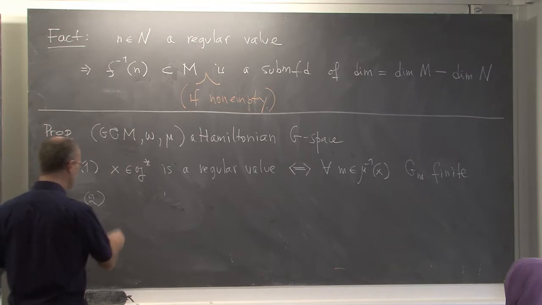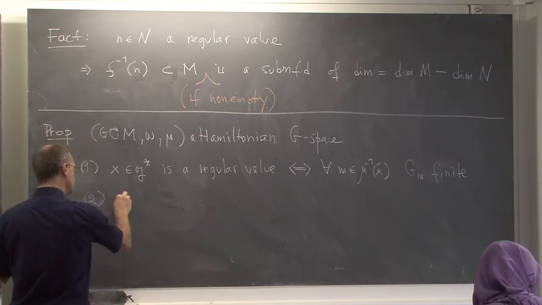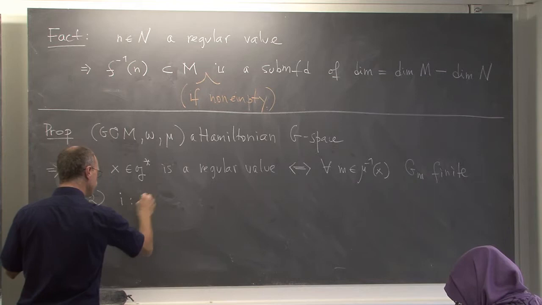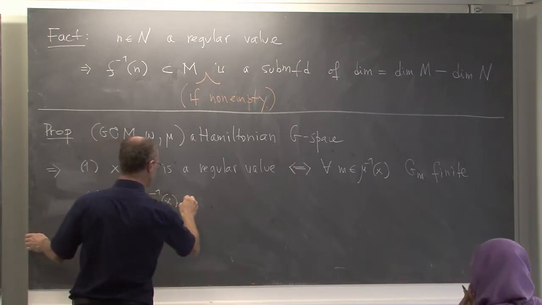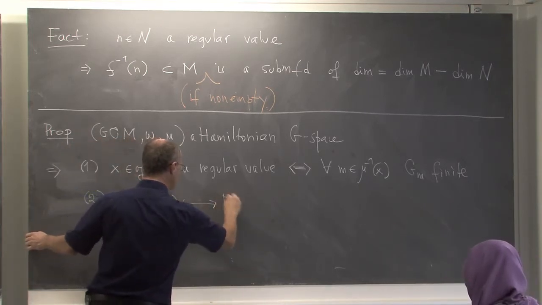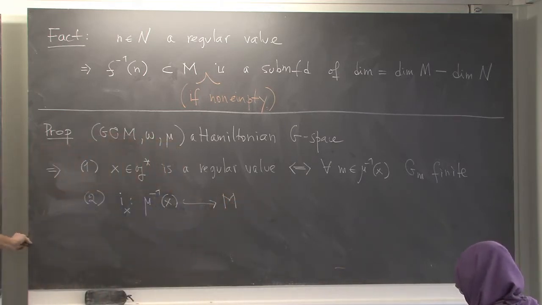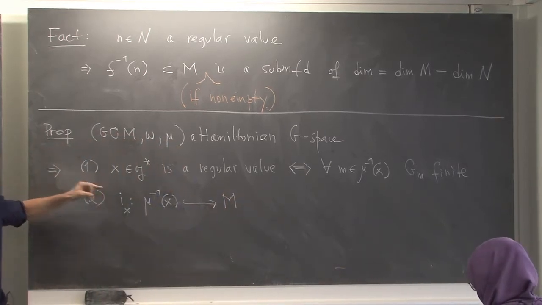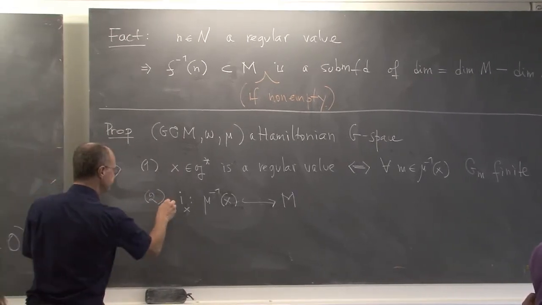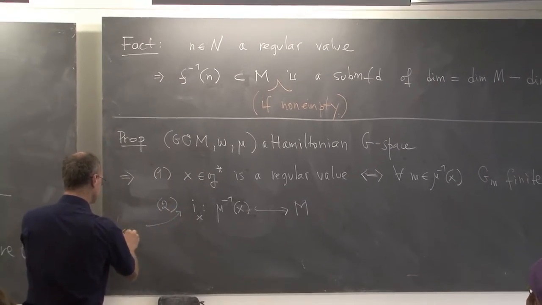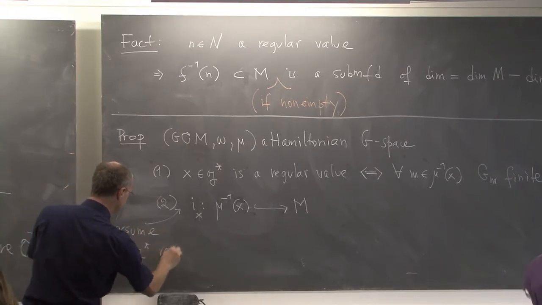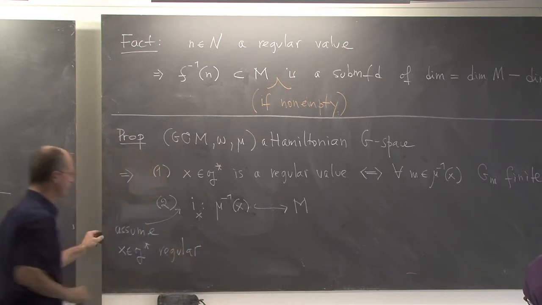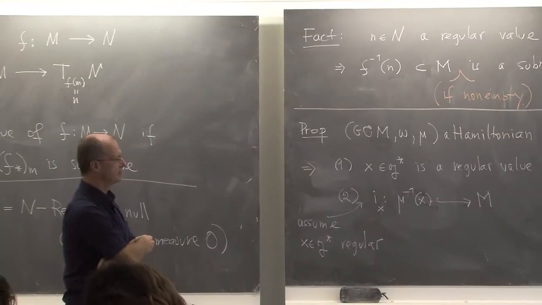And second, let's denote by I, or maybe by Ix, the embedding of the level set back to M. Recall, let's assume that X in G star is a regular value.